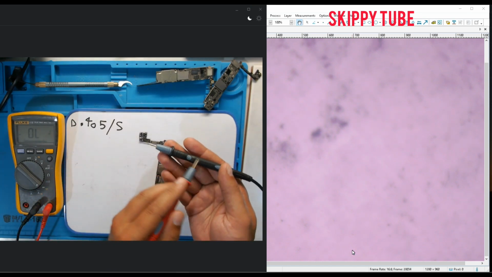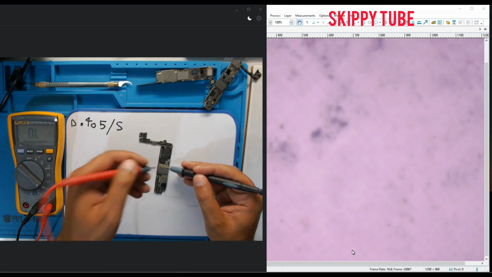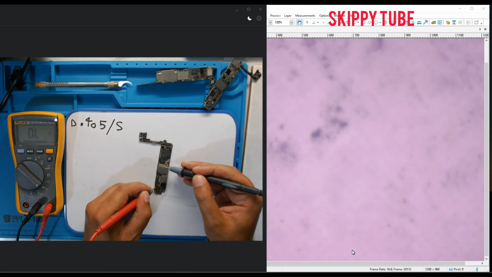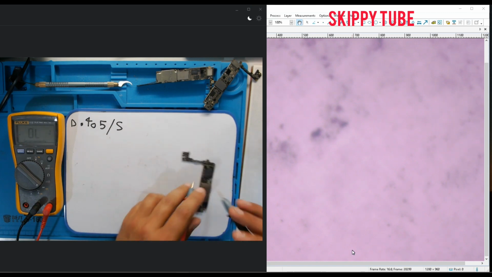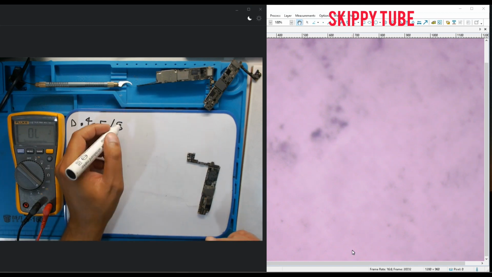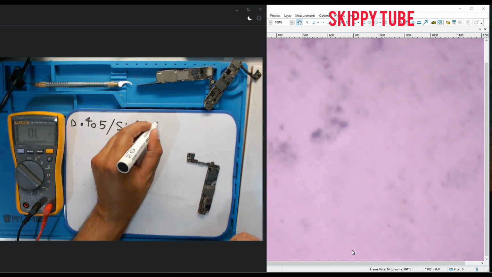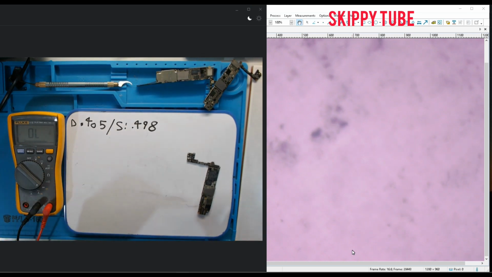This time the black cable is connected to the earth or ground, and the positive is connected to the positive pin on the battery connector. You see it showing 0.498. The Skippy test is showing 0.498.